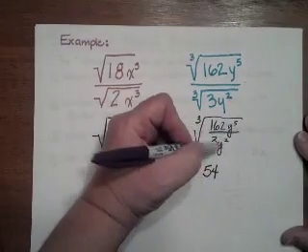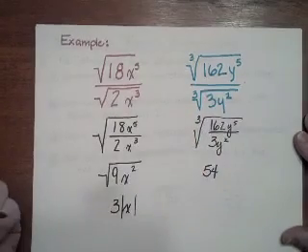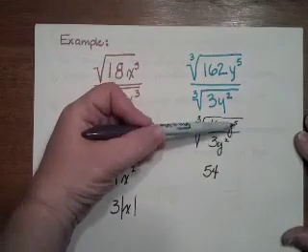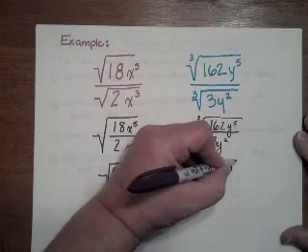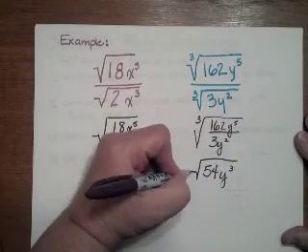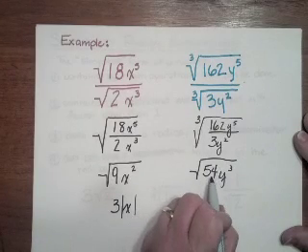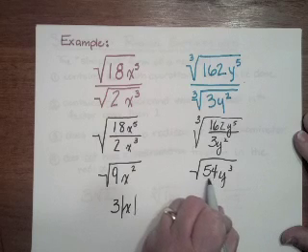And y to the 5th over y squared. Once again, I can use the division property of exponents. If I'm dividing powers, I subtract the exponents. I get y to the third. And I'm taking the cube root. And here's where I can say, okay, well, are there any perfect cube factors in 54?